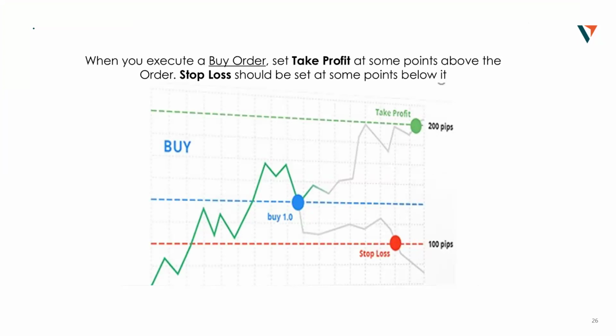If you enter a buy trade, you're expecting it to go in your direction, you're expecting it to start rising. If that trade starts to do what you expect it to do, it starts going up, then you are in profit.